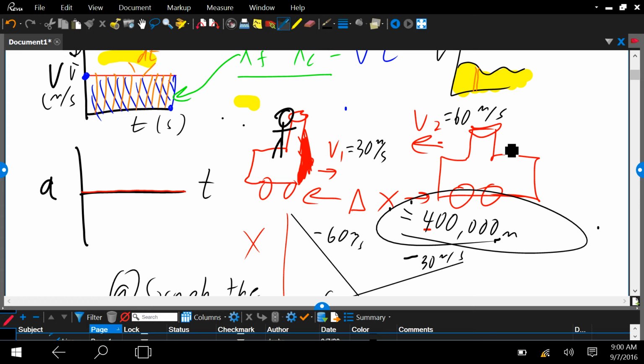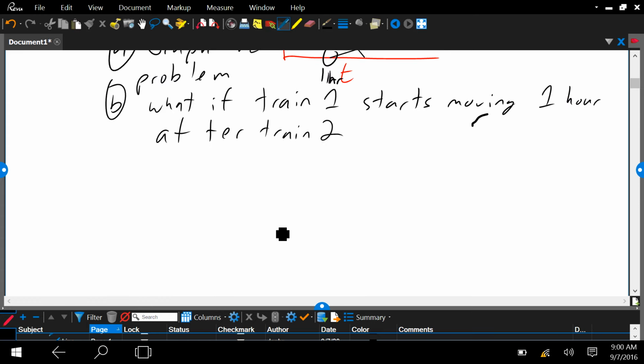It's saying now instead of standing on the ground, because these 30 and 60 are the speeds that you get standing on the ground, you can shift your perspective and be standing on one of the trains. You simply have to subtract 30, or go 30 meters per second to the left, for both trains. So for the first train, I'll draw a box now, just to keep it simpler.